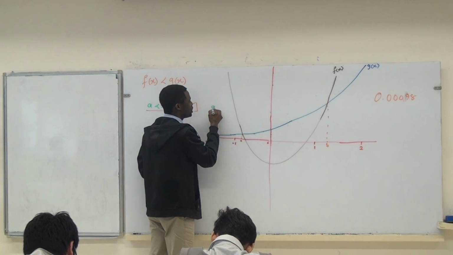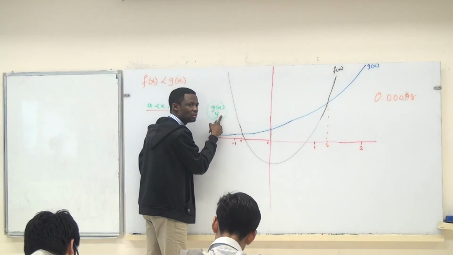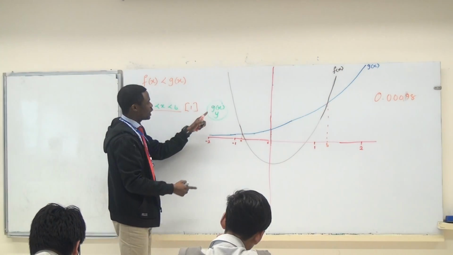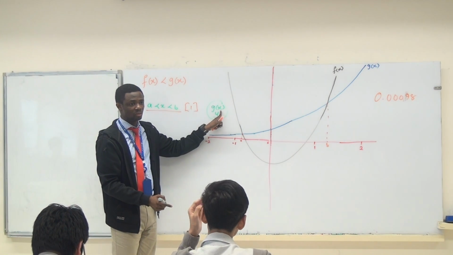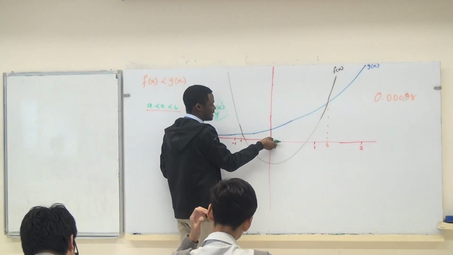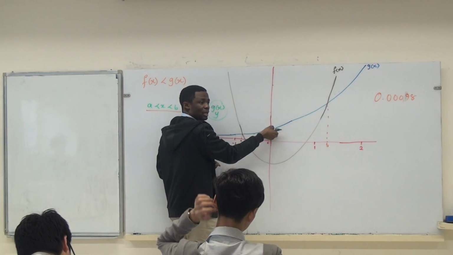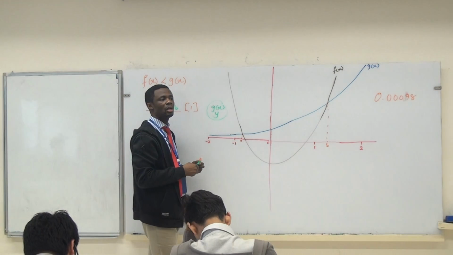So when you talk about g(x), this is the y value, not the x value. Everybody please take note, when we talk about g(x), we're talking about the y value. So basically what happens to the y value? We are talking about this line. It's getting close to 0, but it's never going to be 0.